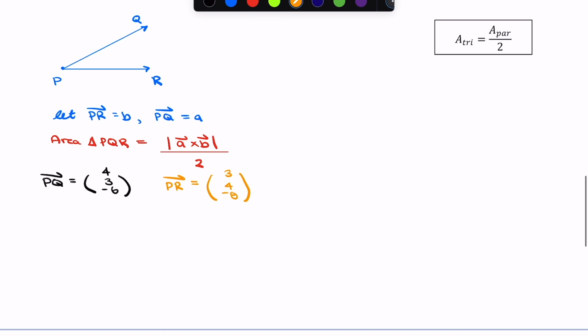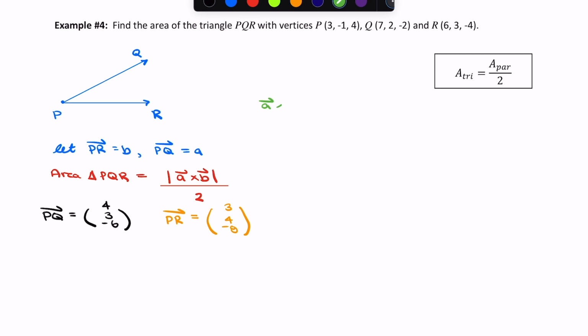If we're looking at the cross product of A and B, we'll write our first line, 4 and 3, 3 and 4, negative 6 and negative 8. And then we'll rewrite the first two lines as well. Take out the first line, so here we have 4 and 3, and 3 and 4. And we'll apply the cross product here.